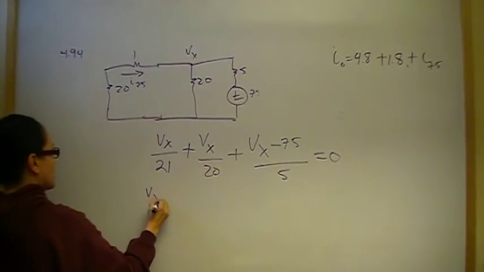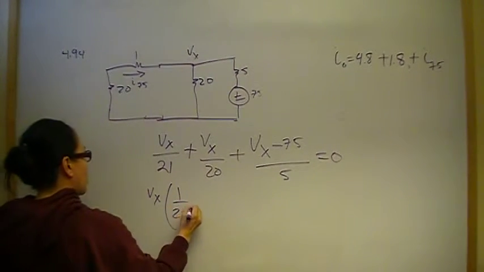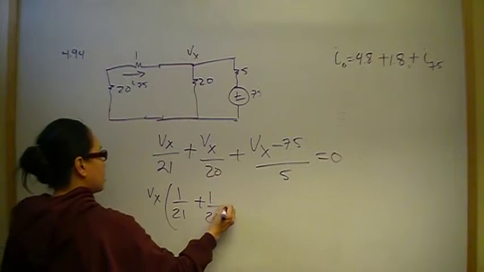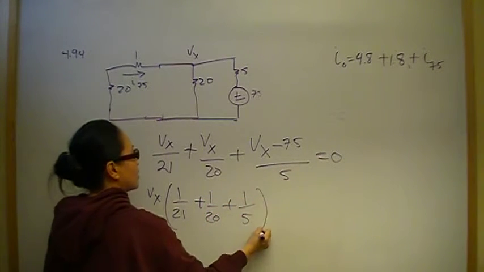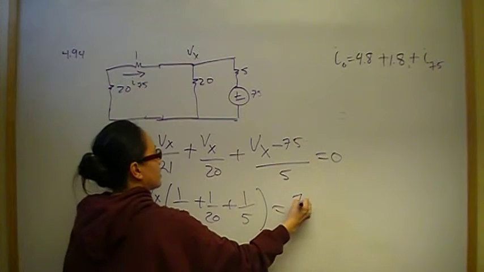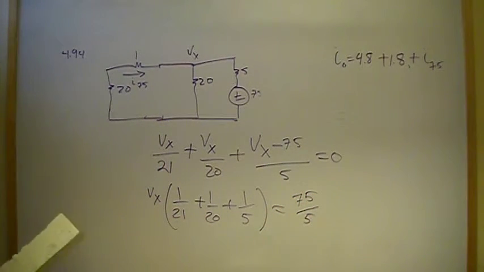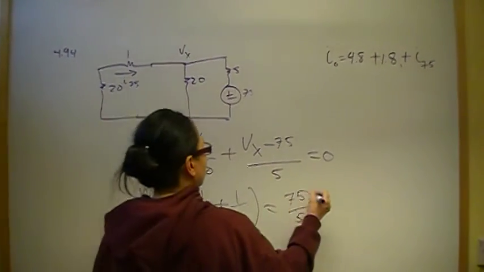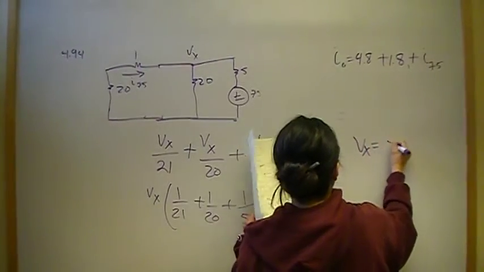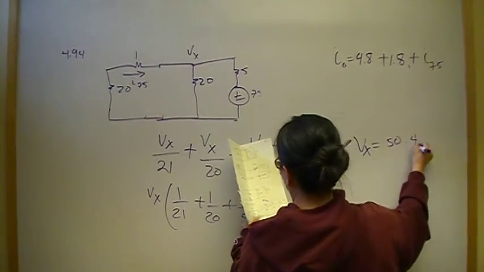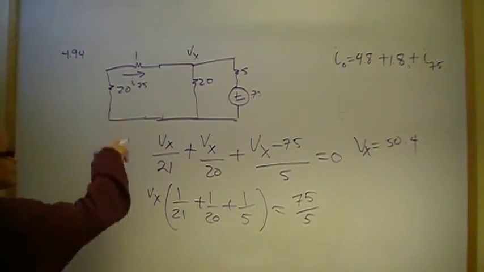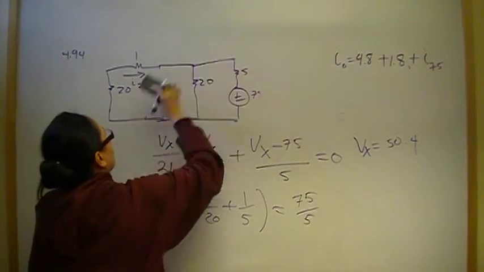So then Vx times 1 over 21 plus 1 over 20 plus 1 over 5 is equal to positive 75 over 5. When you do that math, you should come up with Vx equal to 50.4. So that's the voltage here, 50.4.